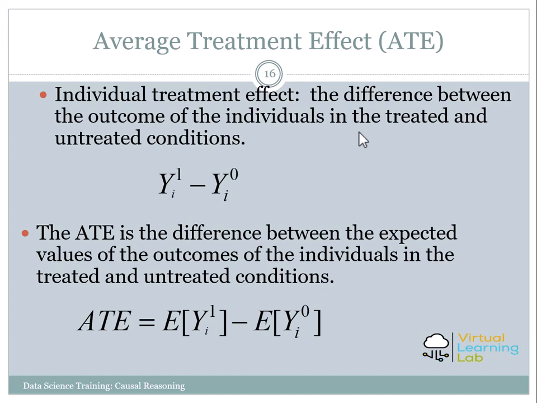So in theory, the average treatment effect is the difference between the expected values of the outcome for individuals in the treated and untreated conditions. Okay. Now you cannot estimate it this way because, as I showed in the previous slide, we have a missing data problem, so that not all potential outcomes are observed.